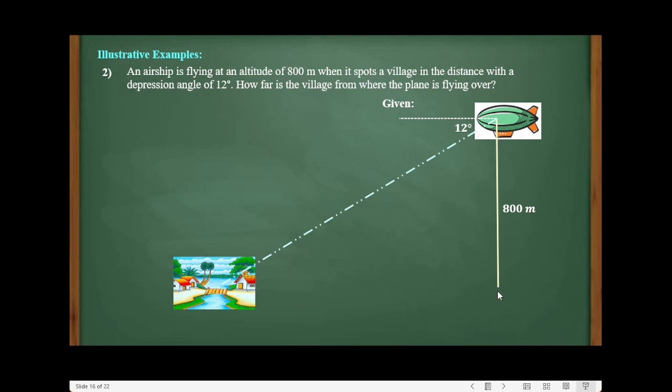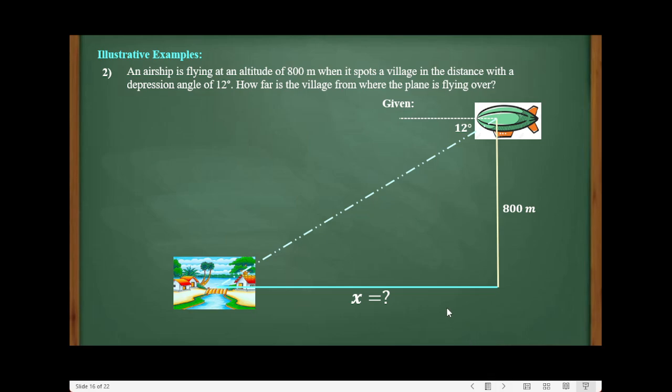Okay, from this point below the airship going to the village. So what is the distance? So let us project the horizontal line to complete this right triangle. So this blue line segment is the one we're going to look for, which is the distance of the village from the point where this airship is flying over. So let us denote this as x, which is the required distance.